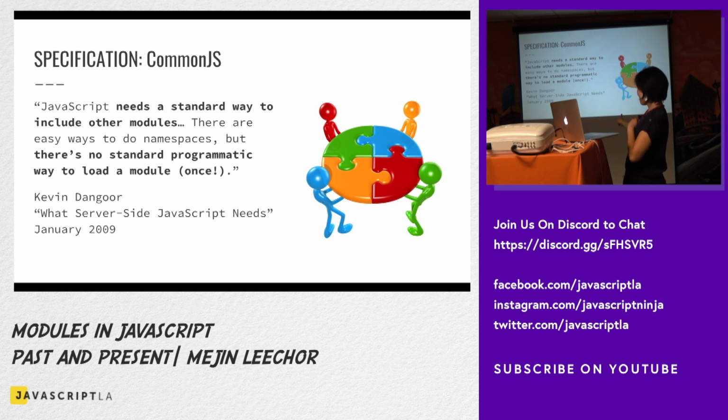His blog post, which you're welcome to check out, ultimately led to the formation of a grassroots group of similarly fed up developers who called themselves, eventually, CommonJS. And they decided that they would start setting some standards for JavaScript, including standardizing module loading.